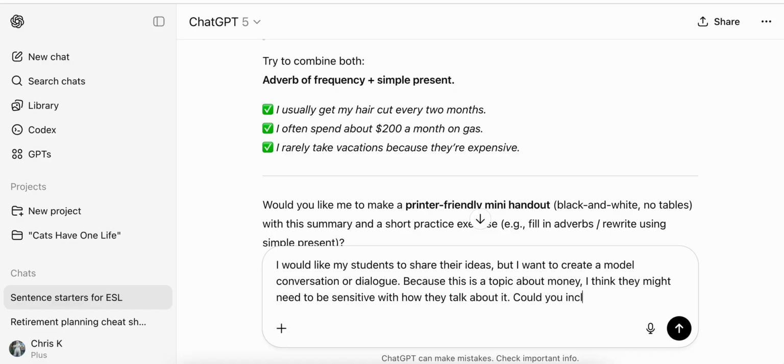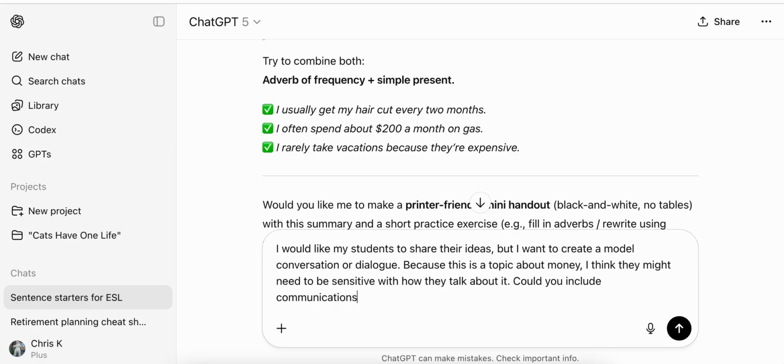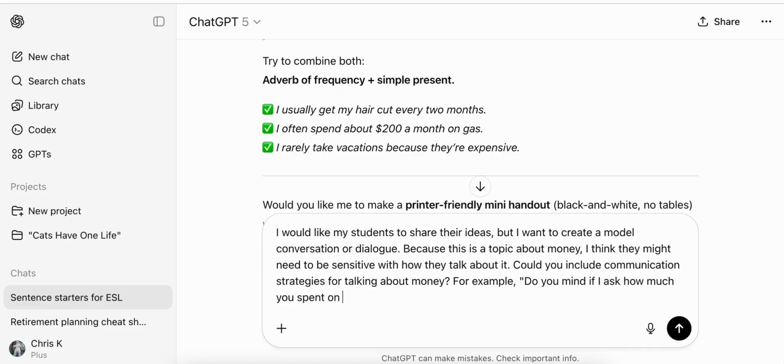Could you include communication strategies for talking about money? For example, do you mind if I ask how much you spend on transportation every month? Something like that.